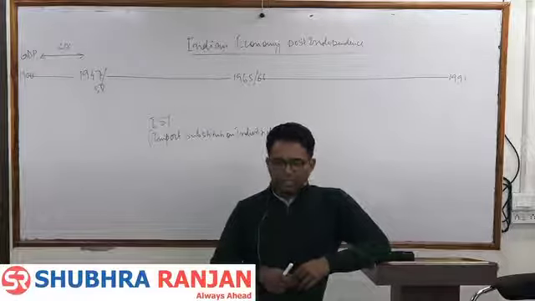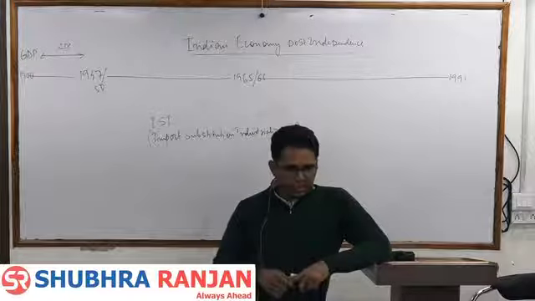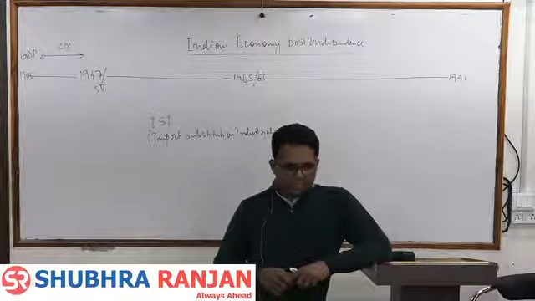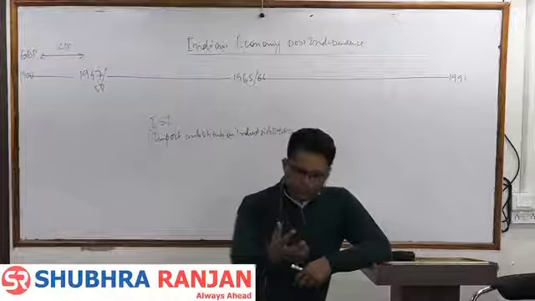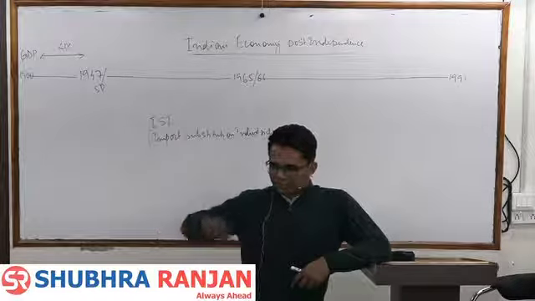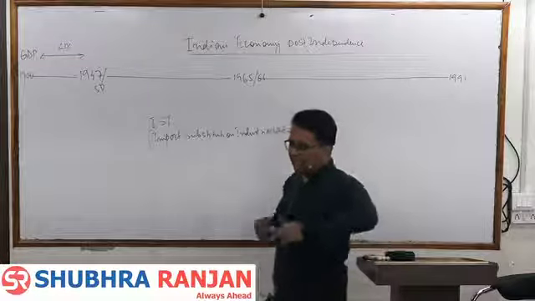But what happened exactly is, these PSUs, rather than generating surpluses, turned into losses, and rather than giving dividends, the government from tax resources had to fund their investment plans through budgetary resources, because of the inefficiencies.